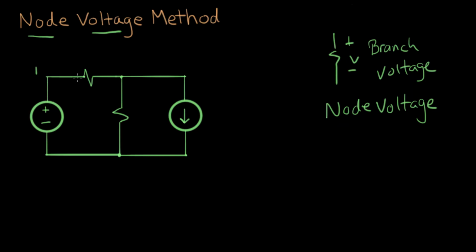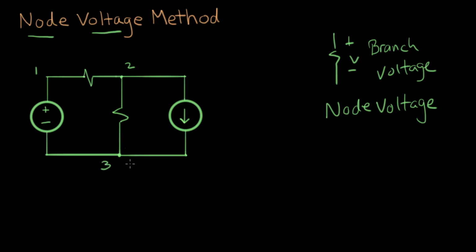There's another node where these two resistors are connected to this current source, and that's a single distributed node, so we'll call that node 2. And down here, these three components are connected together in a junction, and that's node 3.